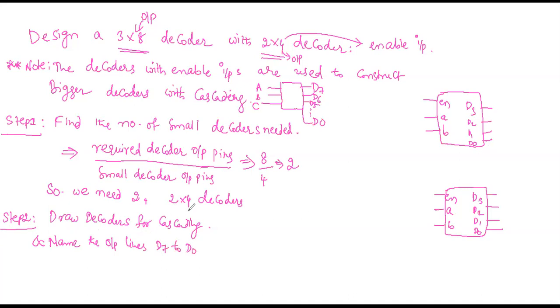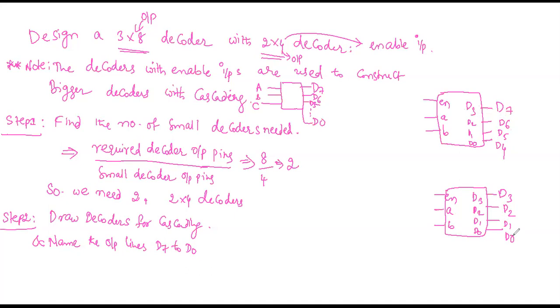You have drawn the two decoders. Now name the output lines D7, D6, D5, D4, D3, D2, D1, D0.